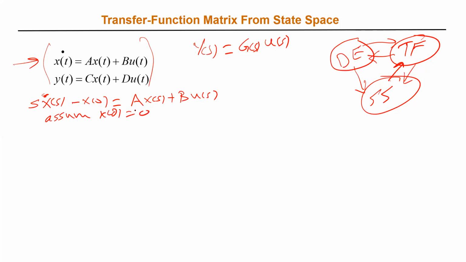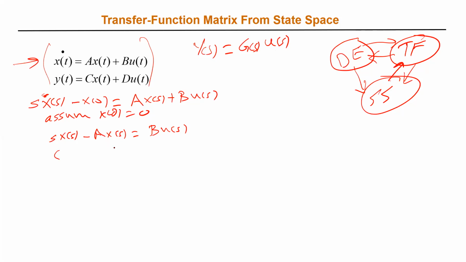So I will have s x of s, and let me bring A x of s to the other side. So s x of s minus A x of s equal to B U of s. Now let me express x in terms of u. So let me take x out.